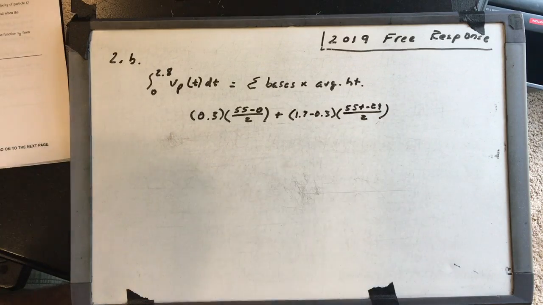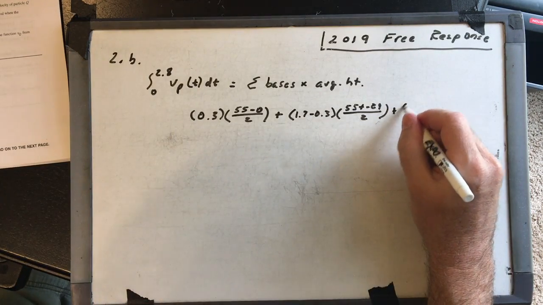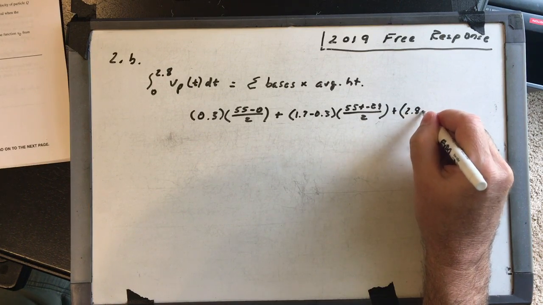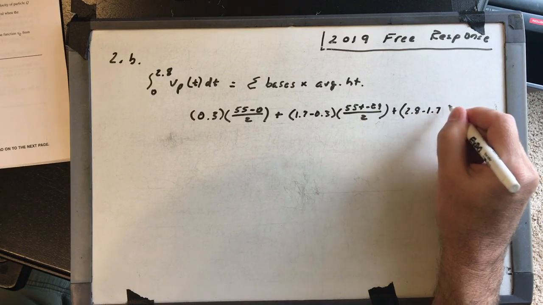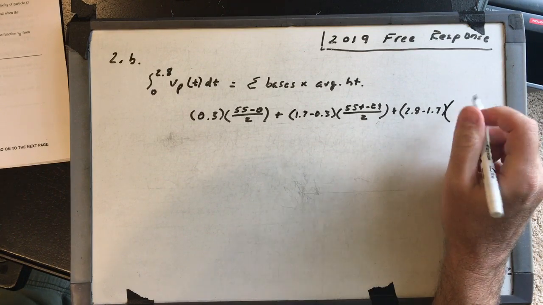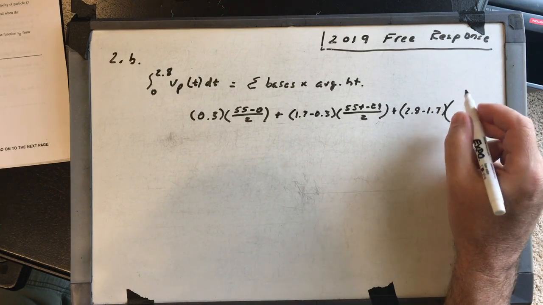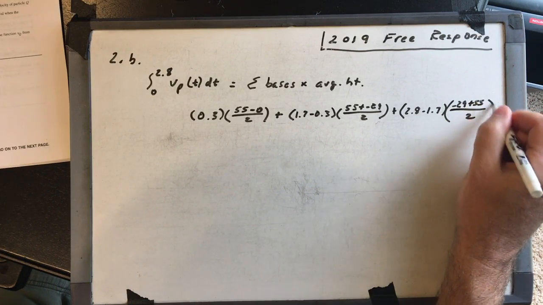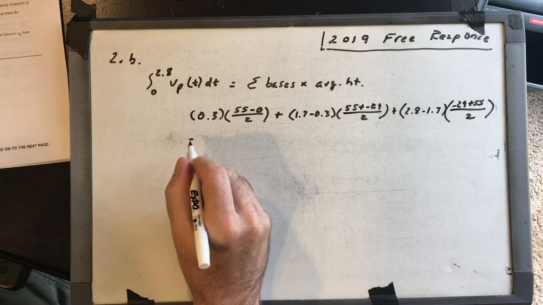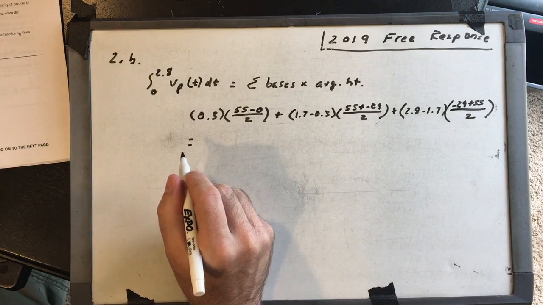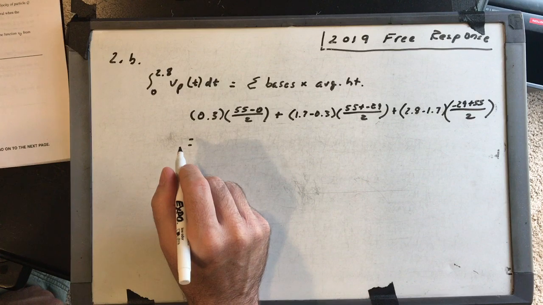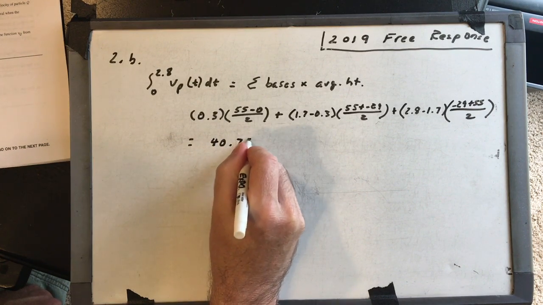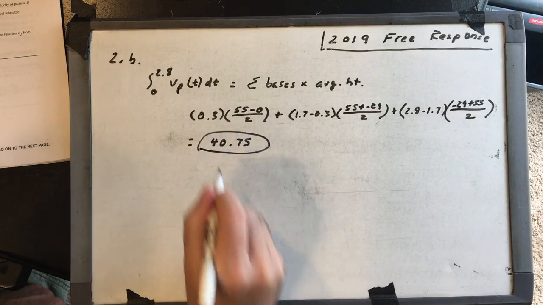That's your average second height. And then 2.8 minus 1.7, times negative 29 plus 55 over 2. You would get to use a calculator on this, but they'll probably give you easier numbers. Put all that in your calculator and you should get 40.75. Give that a try, make sure that works out.